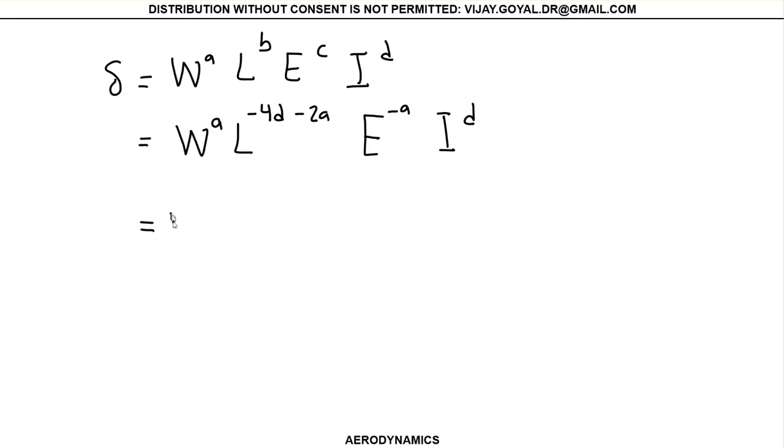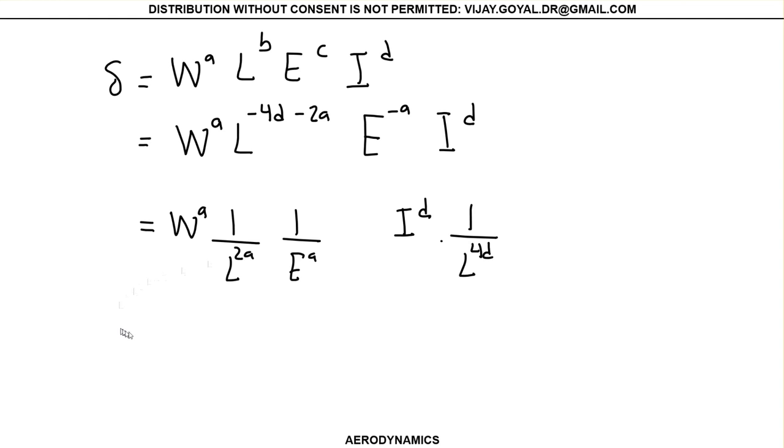So this becomes W to the A, 1 divided by L to the 2A, 1 divided by E to the A, and then we have I to the D, and then divided by L to the 4D.